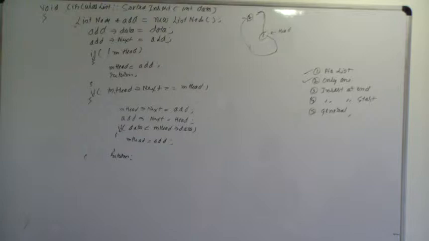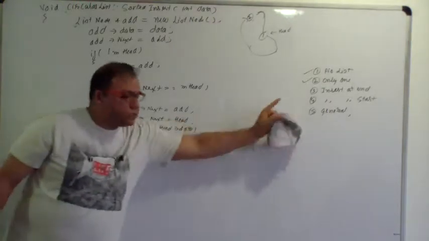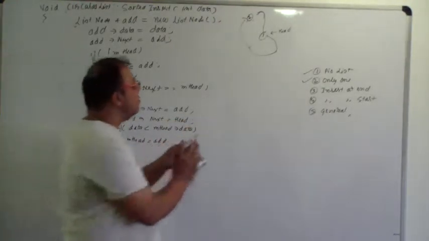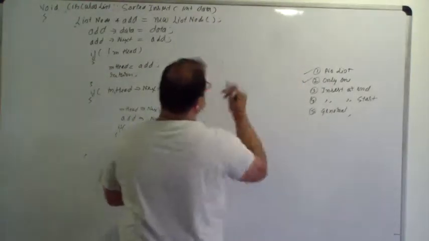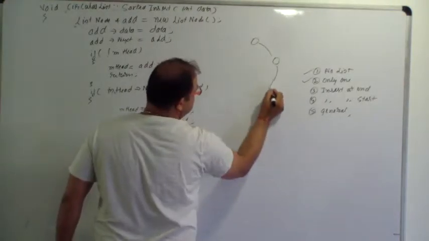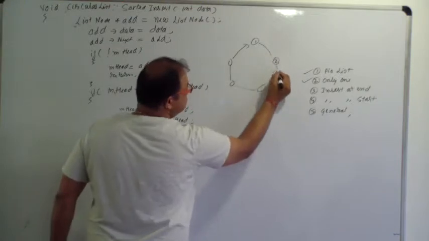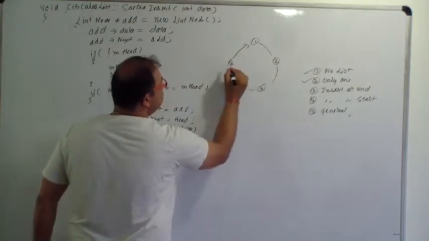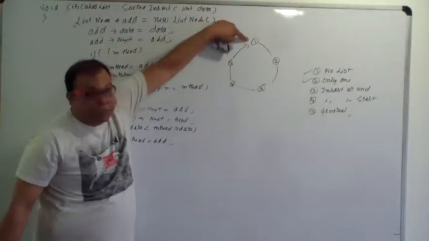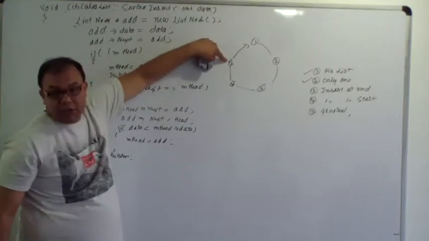Let's say we have to insert at the end or at the start. Right. So I don't know. Let's try from the start. In either case, you have to insert on the start or you have to insert on the end.